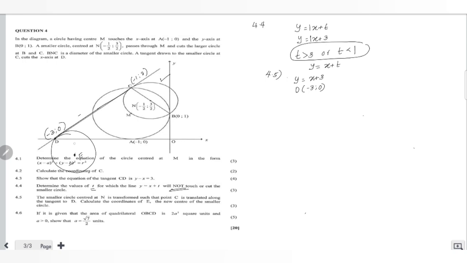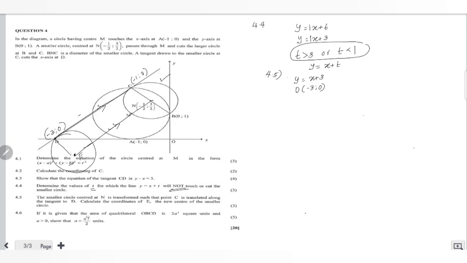Guys, if you join E and N, these two lines are parallel because circle as it is rolled down, isn't it? Moves down. So you can imagine that the line in which the circle moves down and the center to center, if you join them, we can see that those lines are parallel.